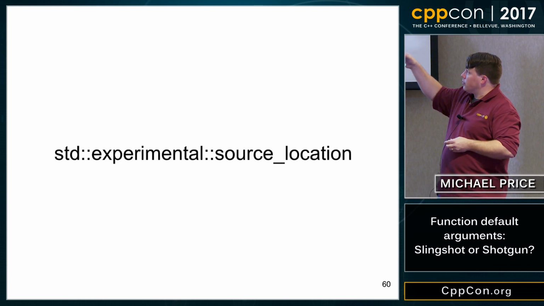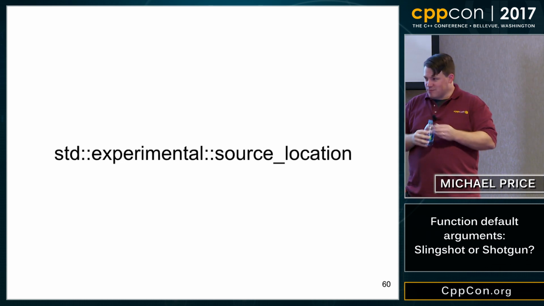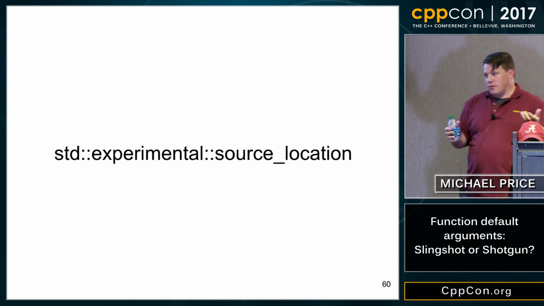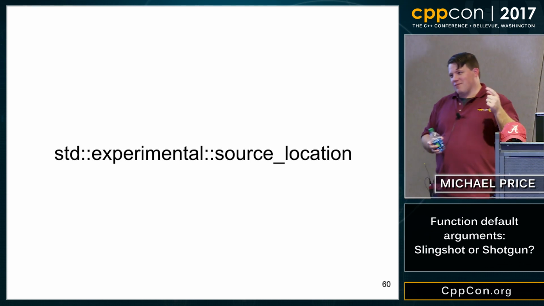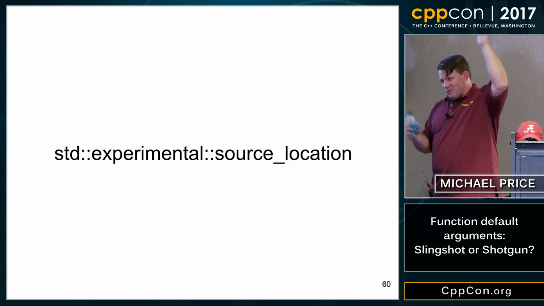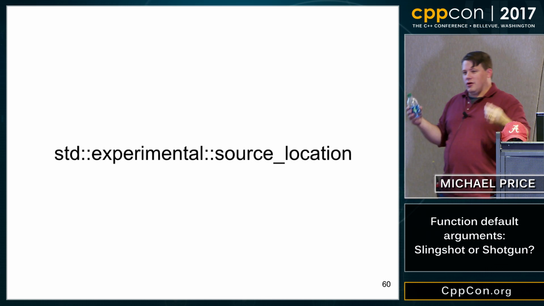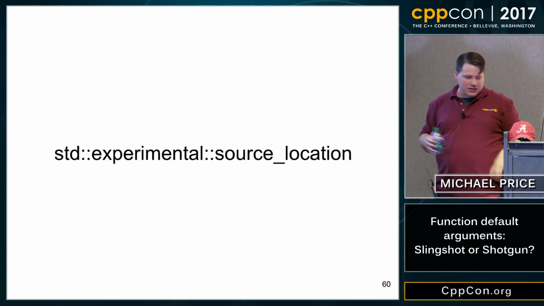Just from the name, does anybody want to guess what it's supposed to do? Yeah, file and line number. It gives you that information. But you say, we already have that with the file and line macros. Well, this gives us an actual full type with functions and things. We can pass it around as a unit.